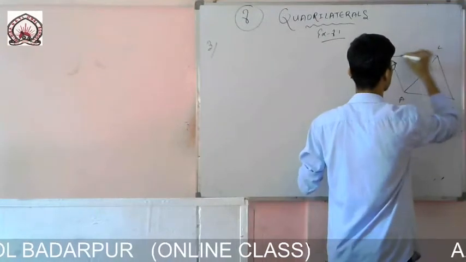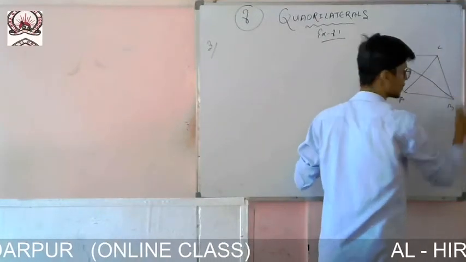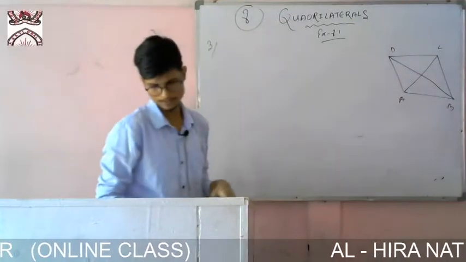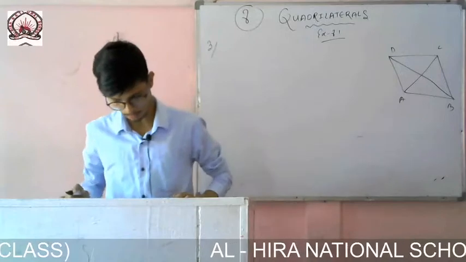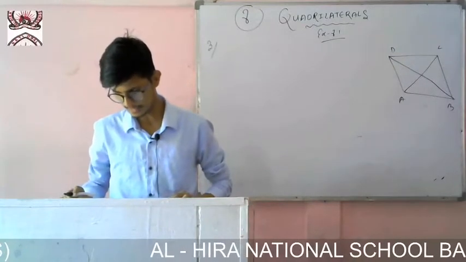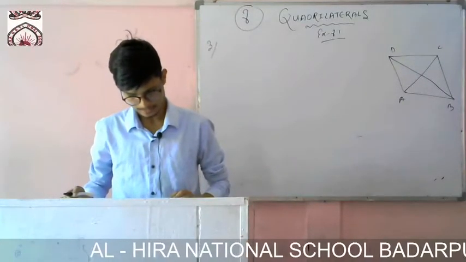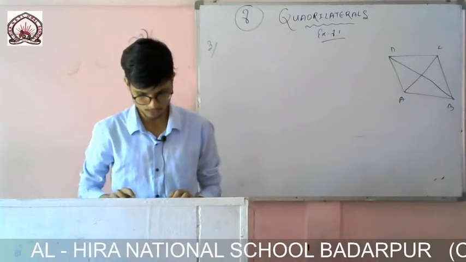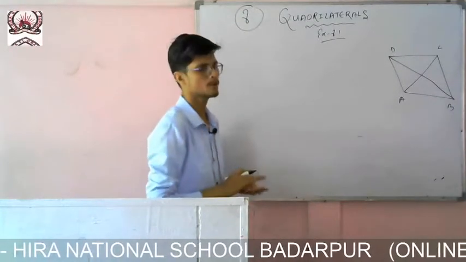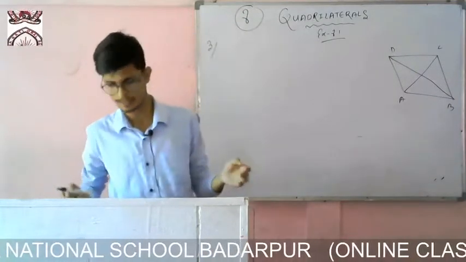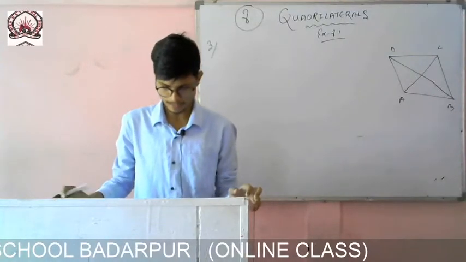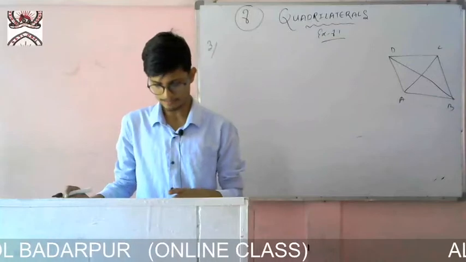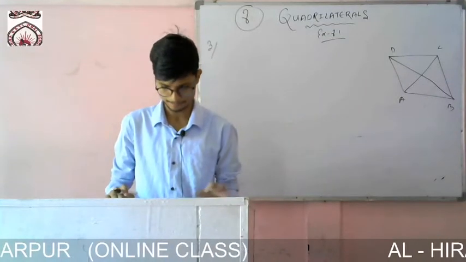These are the diagonals of the rhombus. We know that it is a property of a rhombus also, that its diagonals bisect each other at right angles. Here it is given that if they bisect each other at right angles, then it is a rhombus. I have to show this one.